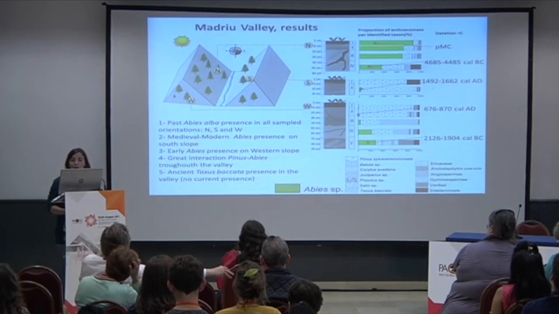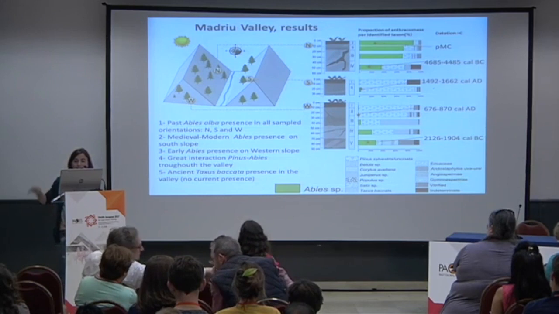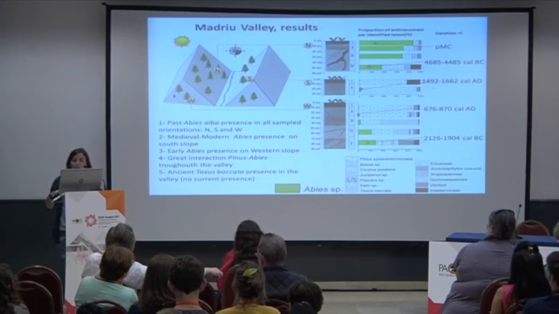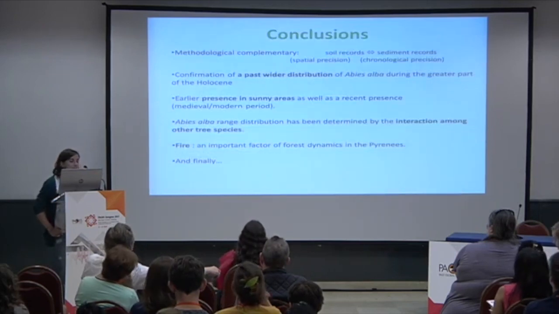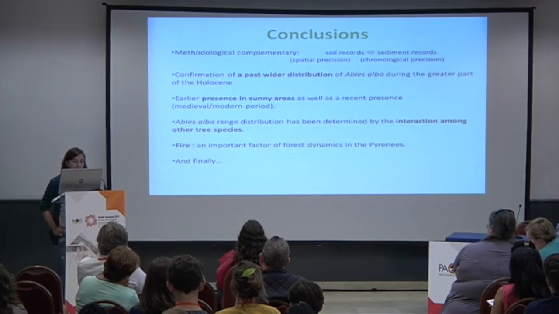There isn't a monospecific sample point. And last, just to point out that we have detected the ancient presence of Taxus baccata, another species today missing in the area.